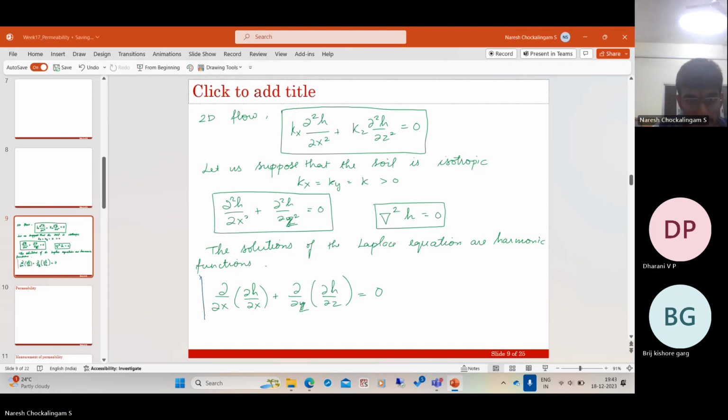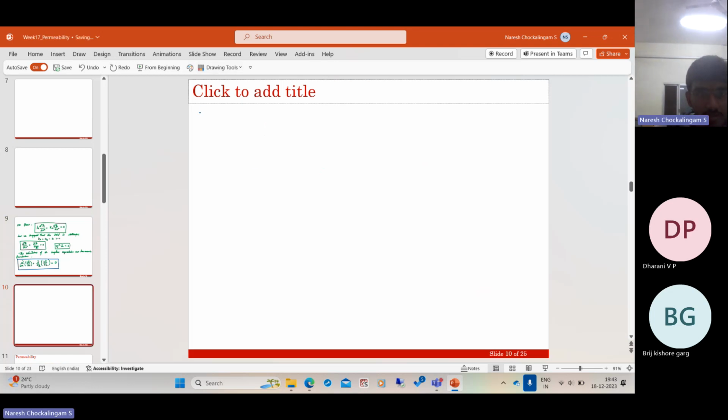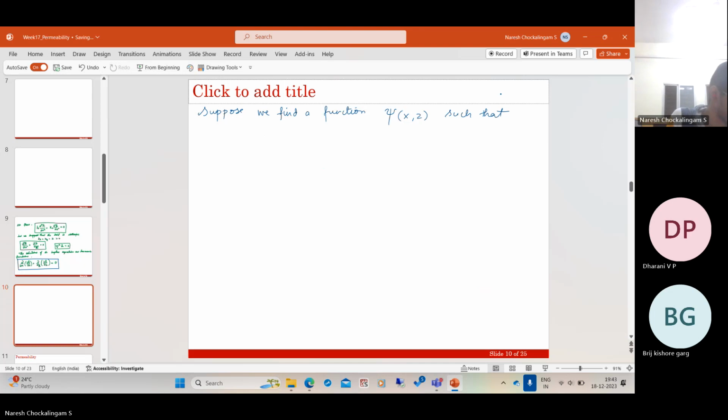Now look at it carefully. Suppose we think of a function, suppose we find a function psi of x comma z such that, we have dou h by dou x appearing in the first term.